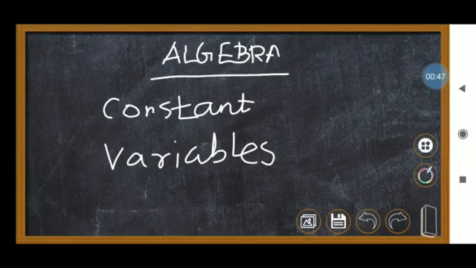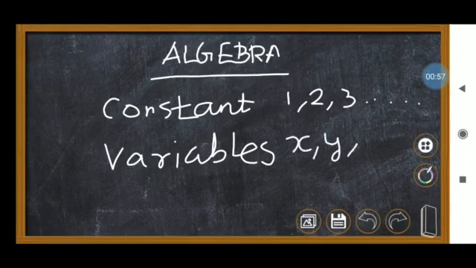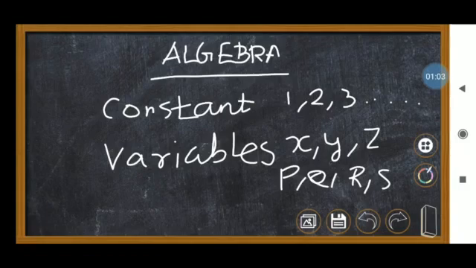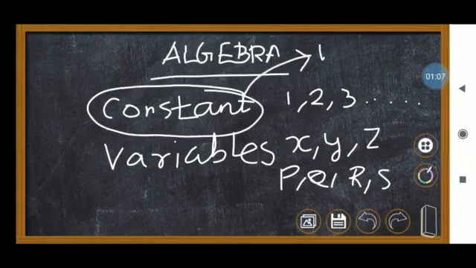A constant means a number like 1, 2, 3, 4 and so on. A variable we can say is x, y, z, p, q, r, s. One more thing: a constant value will not change.